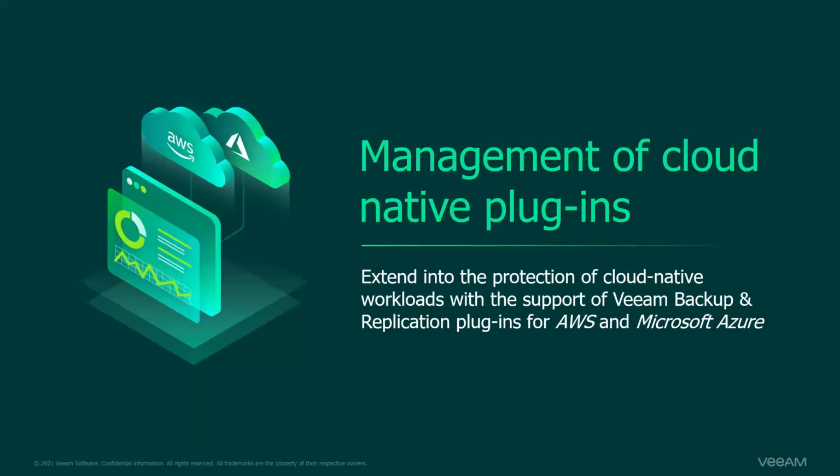As for the public cloud story, we released AWS version 3 back in the previous year. Veeam Backup for AWS version 3 included VPC backup as well as RDS protection.